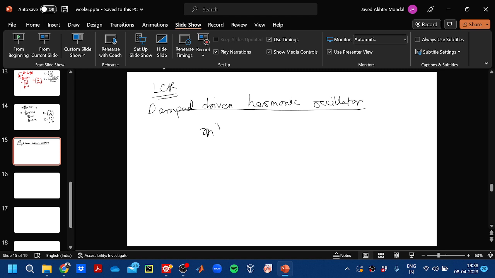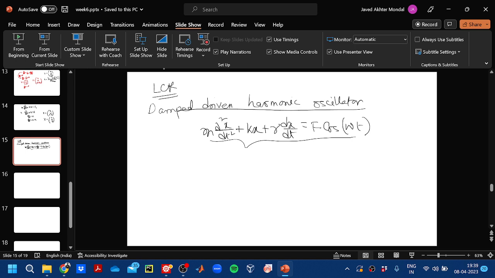It will be an equation of this kind, plus kx, and there will be a damping term, gamma dx/dt, equal to f cosine of t. You can solve this numerically.